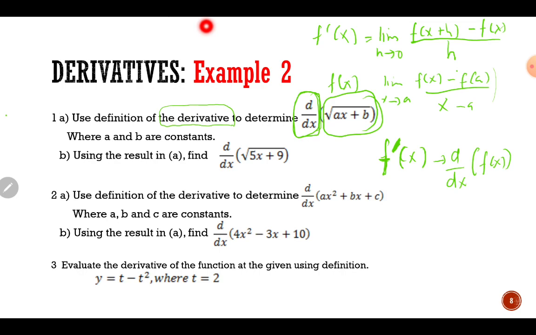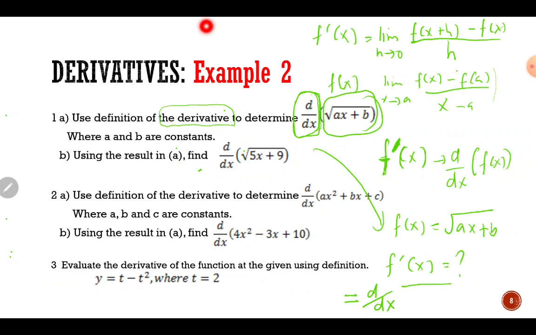Okay, so maksudnya soalan nombor 1 ni kita ada f(x) sama dengan square root of ax plus b, and the question asks you to find what is its f prime x. So in order to find the f prime x, dia samalah dengan kita cari the derivative, kita differentiate f(x), which is square root of ax tambah b, with respect to x.